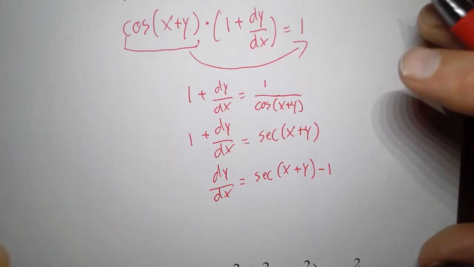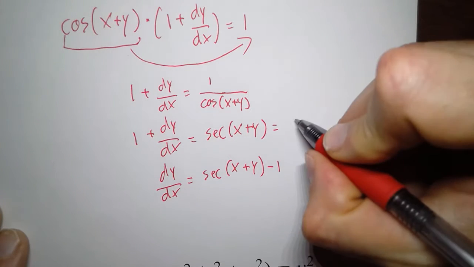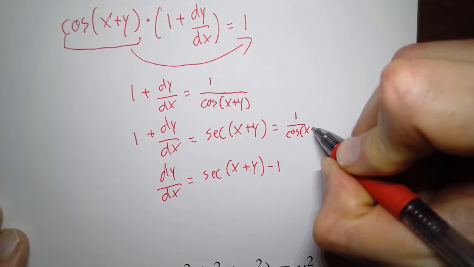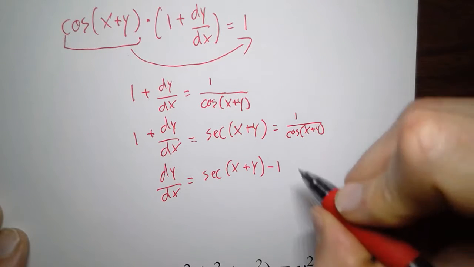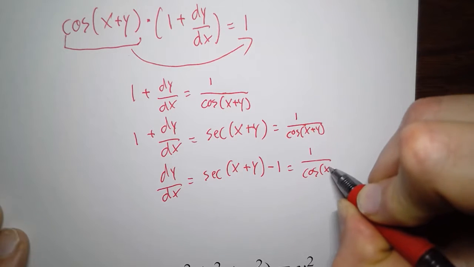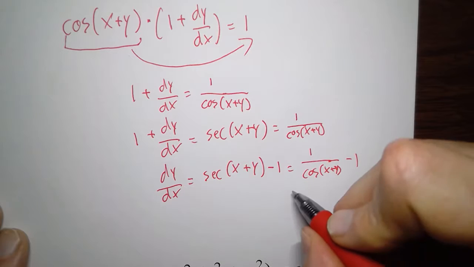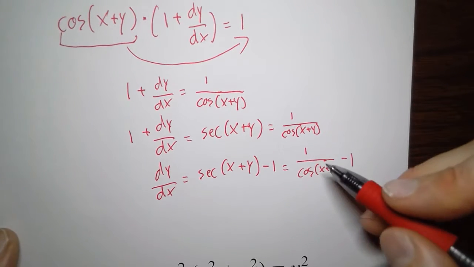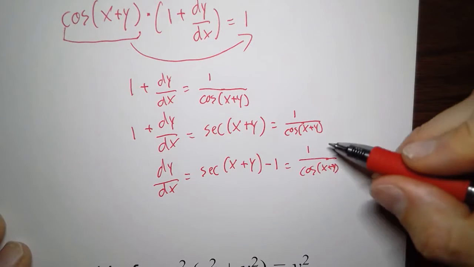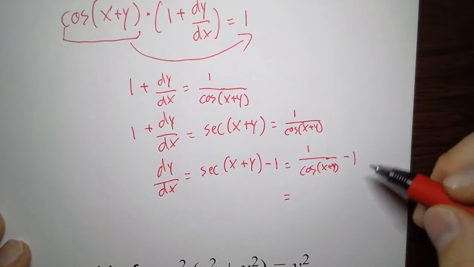If we did that, then that would still be 1 over cosine of x plus y, and then this would be 1 over cosine of x plus y minus 1. If people wanted to leave it in this form, this would be a review of the fact that when you have fractions, you have to subtract them with a common denominator.